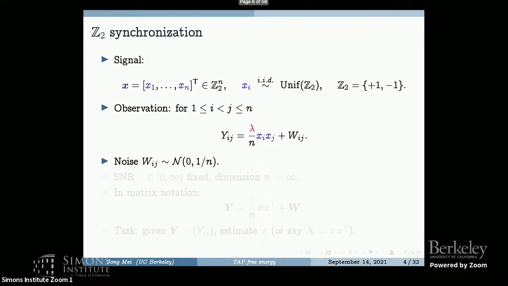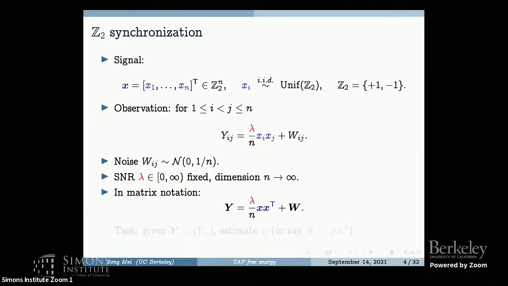The noise is assumed to be Gaussian, and lambda, the signal-to-noise ratio, is assumed to be fixed as the dimension goes to infinity. That means there is no estimator that can be consistent, so you cannot fully recover x. You can only estimate x up to a constant error as n goes to infinity.